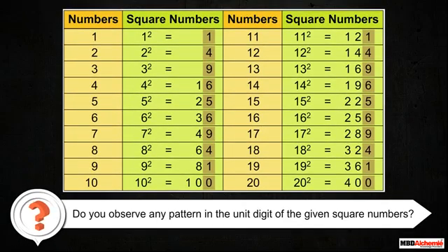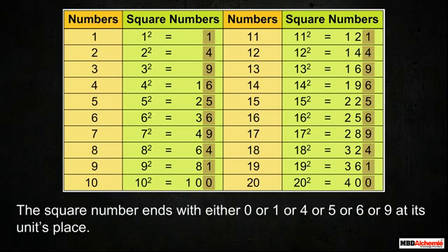Do you observe any pattern in the unit digit of the given square numbers? As we see, the square number ends with either 0, or 1, or 4, or 5, or 6, or 9 at its units place.